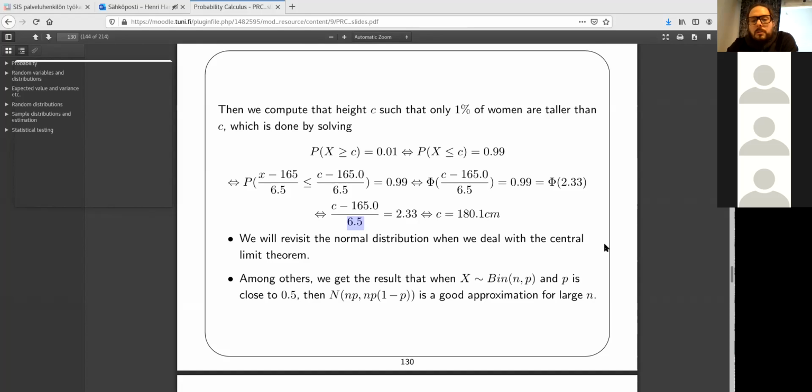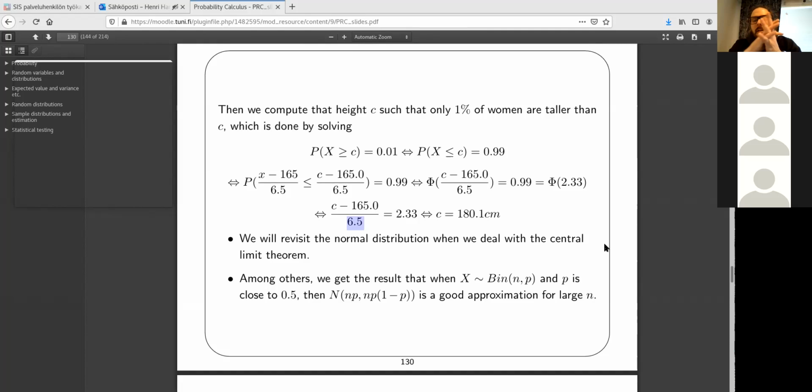Among others, remember that when we had a binomial distribution where n times p was constant and n increases, we have a fixed expected value, but n becomes large and p becomes small, then we get the Poisson distribution.